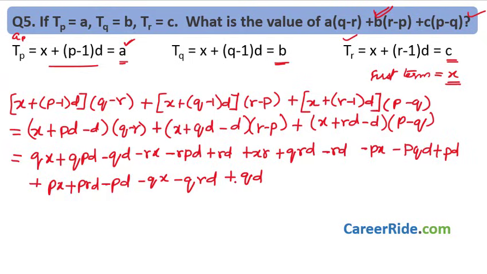Now take a good look at what you have got here. Most of the terms, in fact all the terms, are going to cancel out. Let's see how. Qx gets cancelled out here.